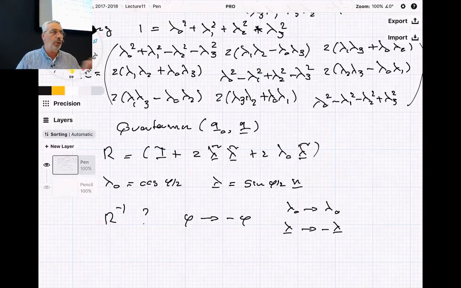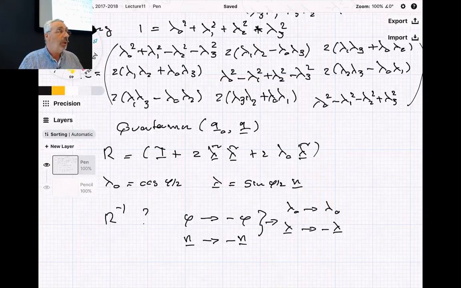You could also say, no, we don't do that. We take the same angle, but we flip the axis. So instead of this axis, I take this axis. That's also rotating backwards. Well, you can do that. If you do n goes to minus n, you will see finally you will get the same result, of course. Right? So rotating backwards, meaning in Euler parameters, just negate the vectorial part.